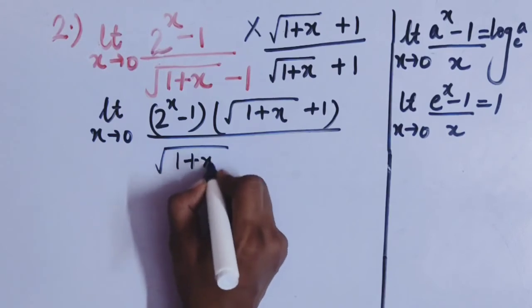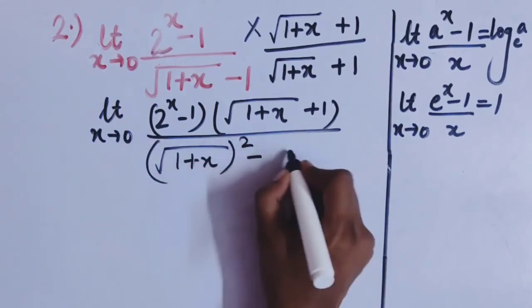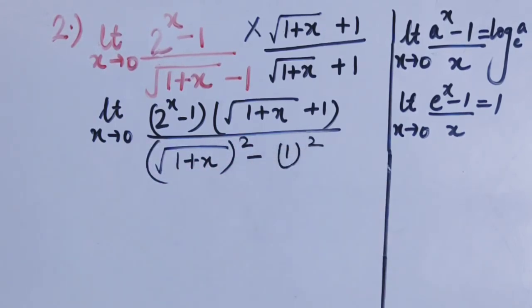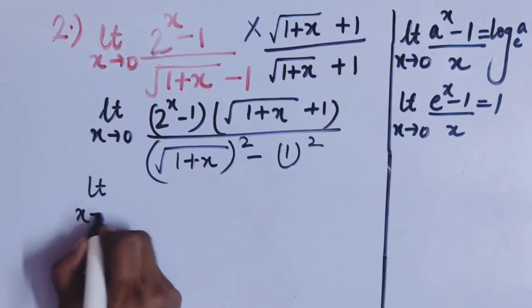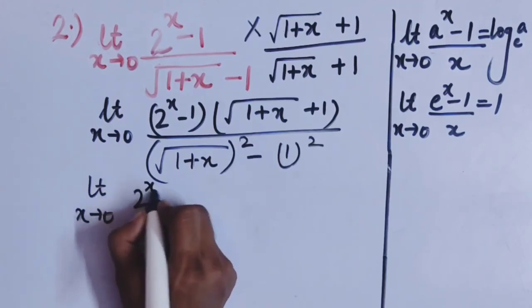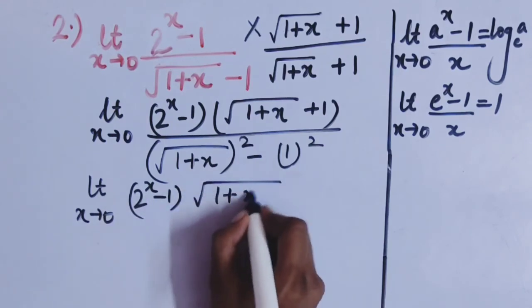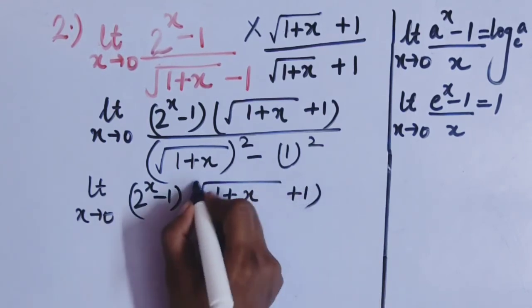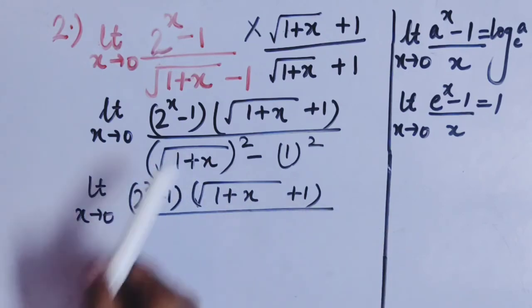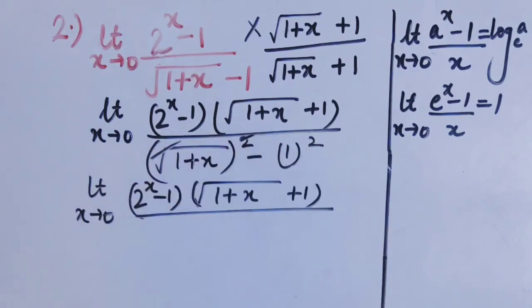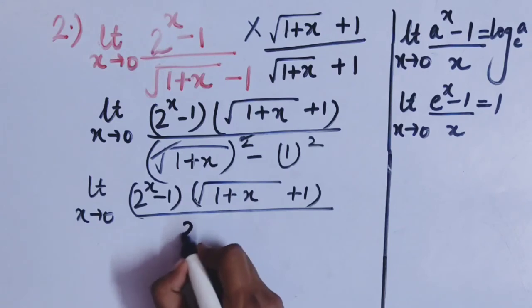Under the root 1 plus x whole square minus 1 square. Afterwards, limit x tends to 0, 2 raised to the power x minus 1 into under the root 1 plus x plus 1. What will be left in the denominator? From here the square and square root will get cancelled out. What will be left? 1 plus x minus 1, you will get only x from here. So you have got only x.